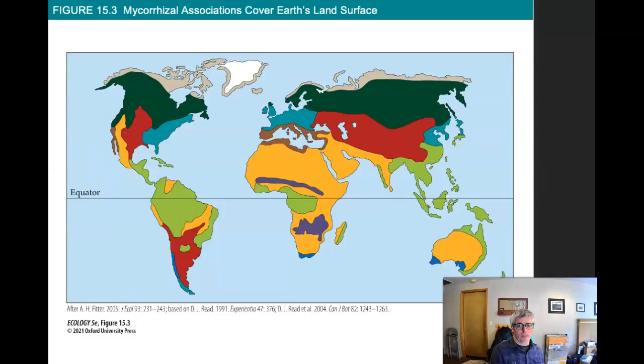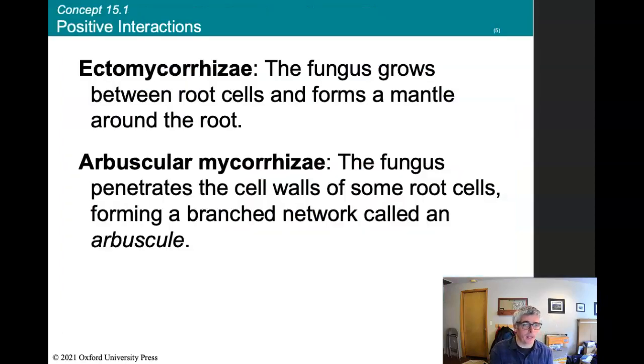This is a map showing the distribution of mycorrhizal fungi associations, which you can see covers pretty much everywhere that plants exist. So it's extremely important. They don't include Antarctica in there, but we can assume there's not a whole lot of mycorrhizal fungi in Antarctica.